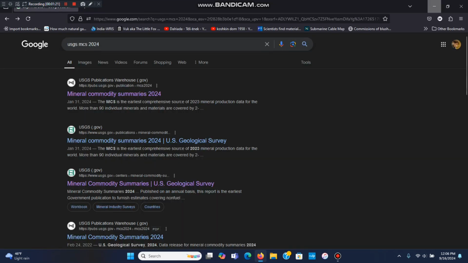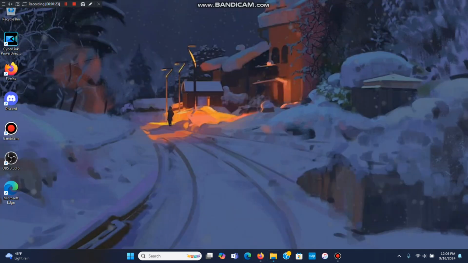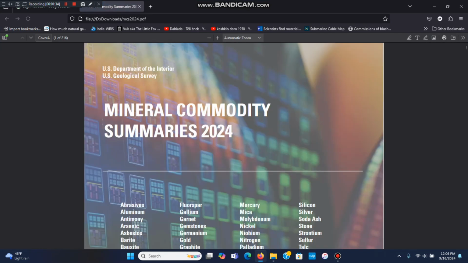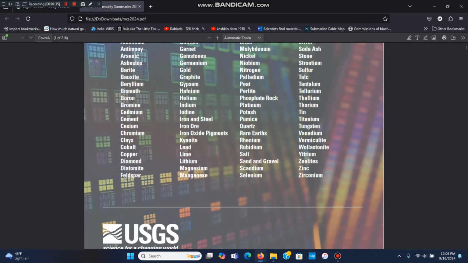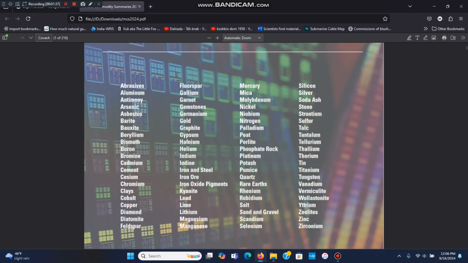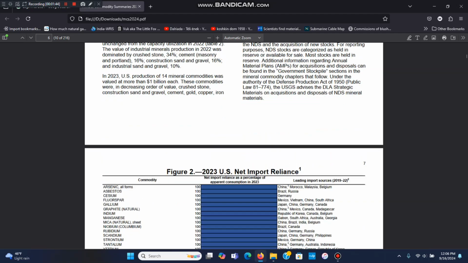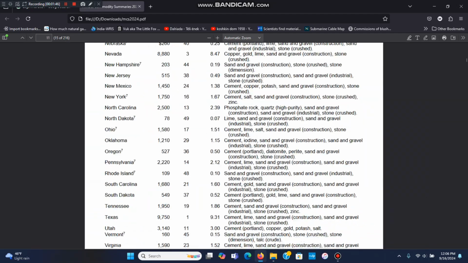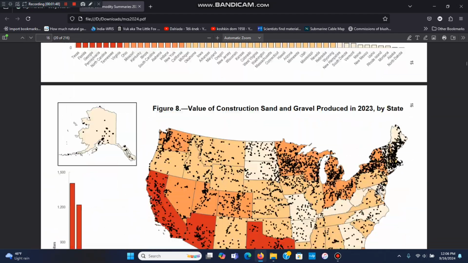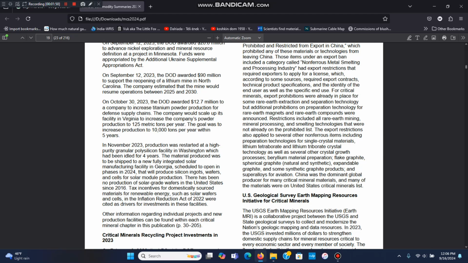But you download that, and that will look like this when you open it. And here's a list you can see of all the different metals and minerals that it contains information for. So we scroll down through the contents and preamble type stuff to get down to some of the actual data.